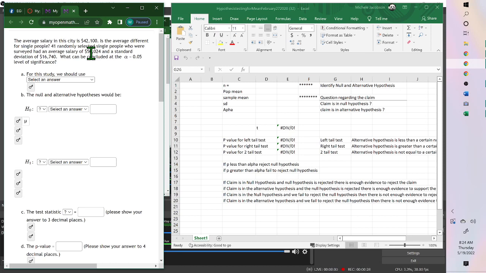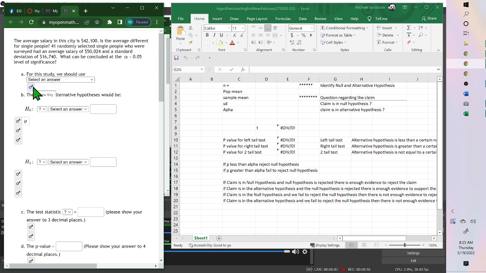Is the average different for single people? 41 randomly selected single people who were surveyed had an average salary of $50,000 with a standard deviation of $16,740. What can be concluded at the alpha equaling 0.05 level of significance? So first thing, average salary is $42,100.